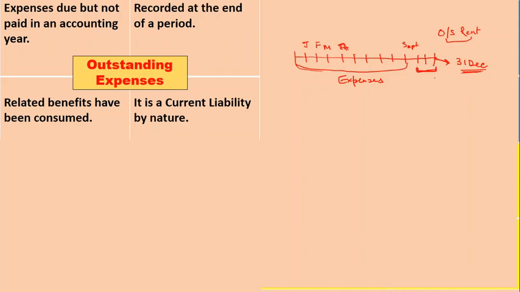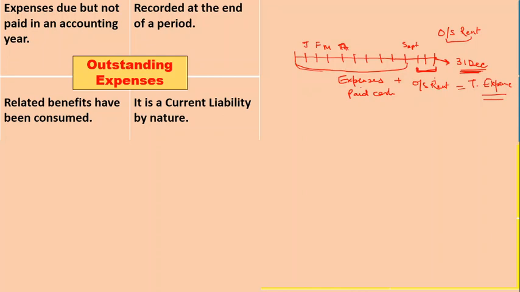Remember, the total expenses are the expenses which are paid in cash plus the outstanding rent, which is due but not paid. So this becomes your total expenses when you record on 31st December while preparing final accounts, because the total 12 months of expenses are supposed to be recorded.